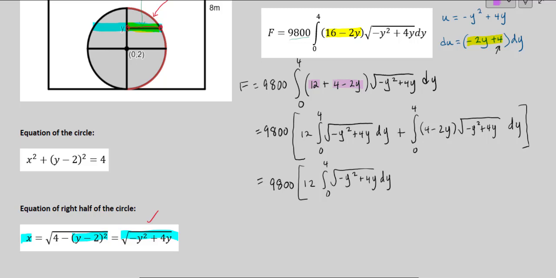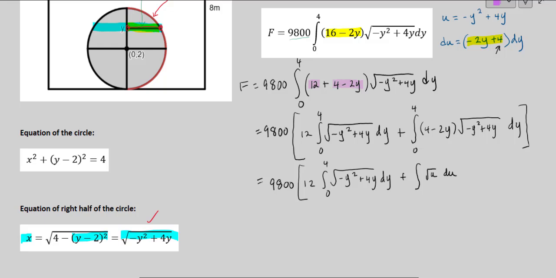We are going to need geometry for that one. But let's first focus over here. So we are letting u be the negative y squared plus 4y, and then du is going to match exactly what's on the outside. So this is going to be the square root of u times du.